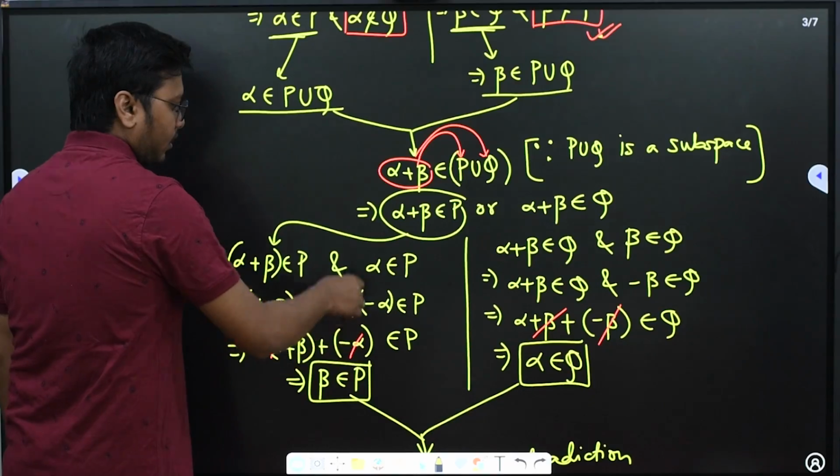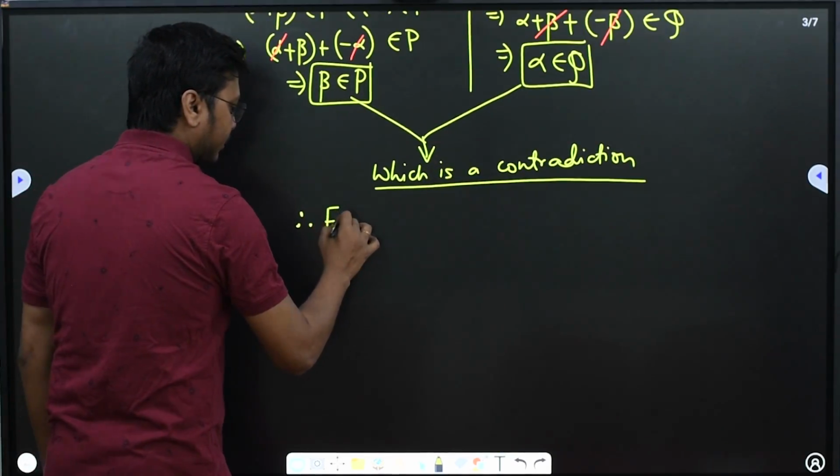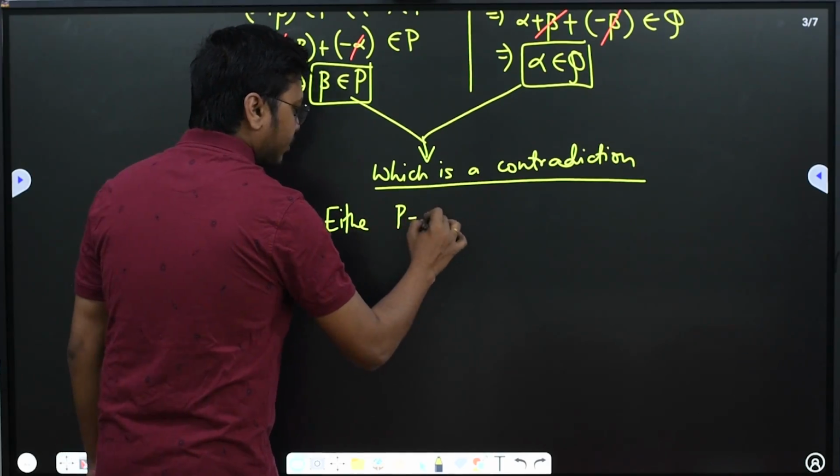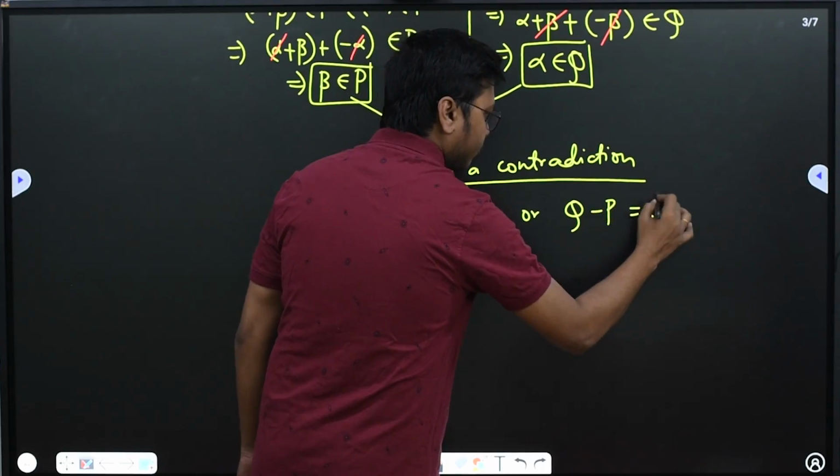So over here now we will make the correct assumption that therefore either P minus Q is equals to phi or Q minus P is equals to phi.